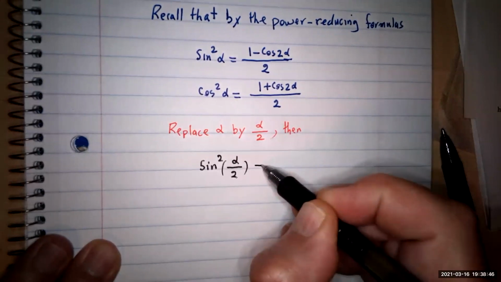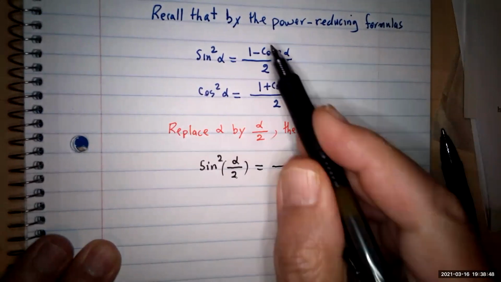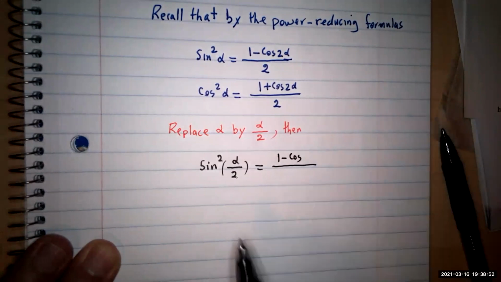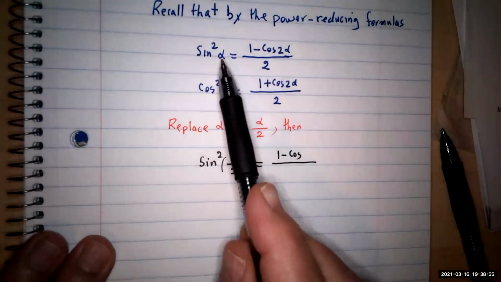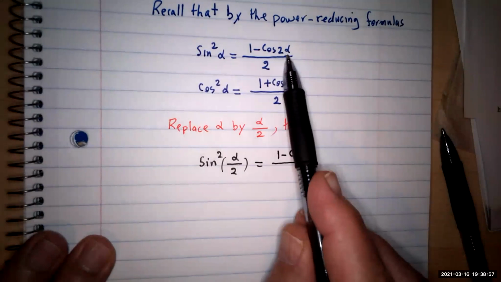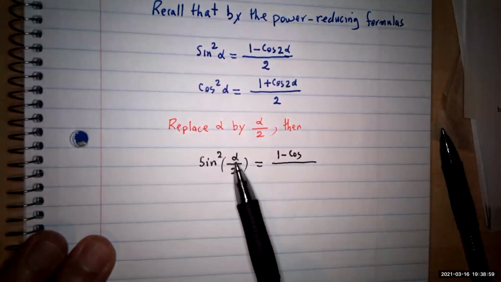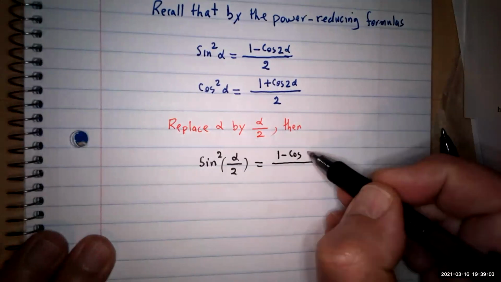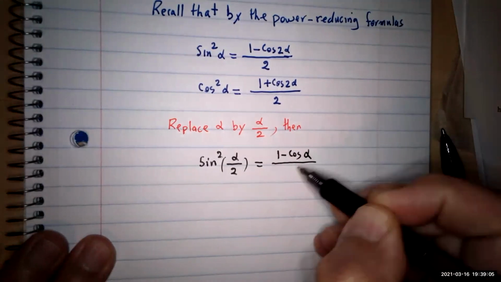So this is going to be equal to what? It is going to be equal to 1 minus cosine of the double angle. When it was alpha, we called it 2 alpha. So this is alpha half, and the double of alpha half would be alpha, divided by 2.